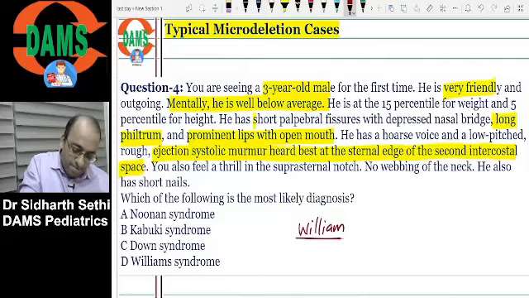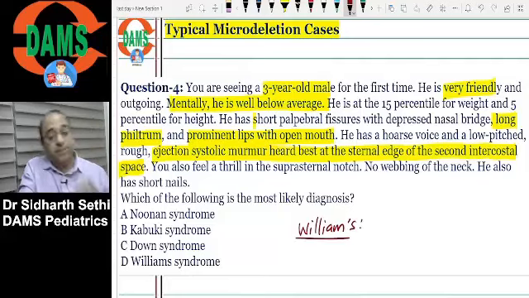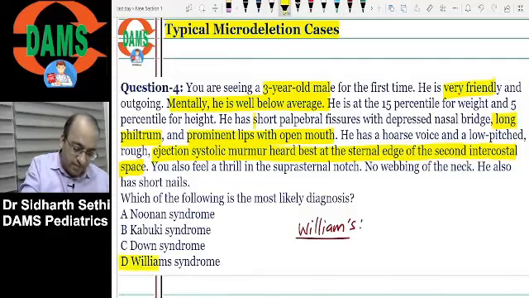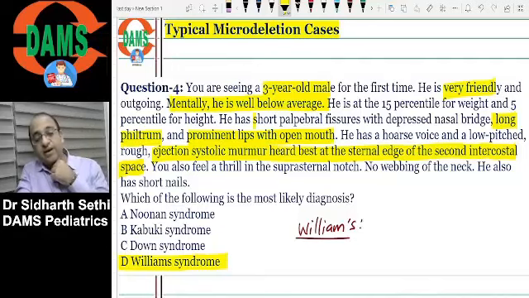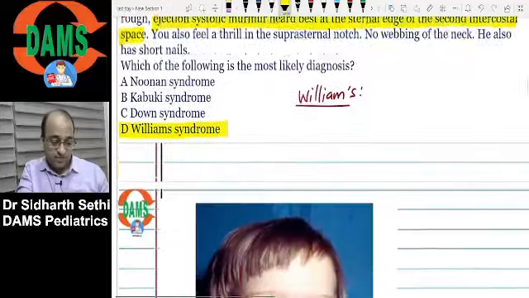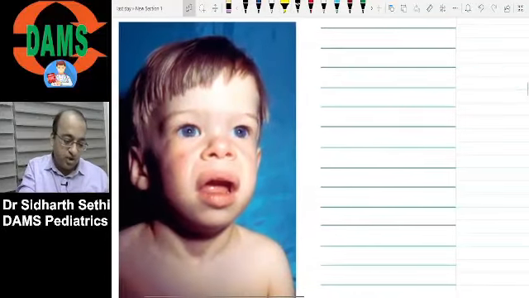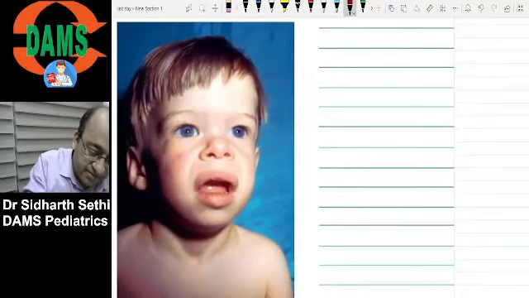Williams syndrome has typical prominent lips. So this is Williams syndrome, and let me show you. But before I take you to Williams, please look, he has a systolic murmur at the second intercostal space because of pulmonary stenosis. So remember, this is a typical case of Williams.